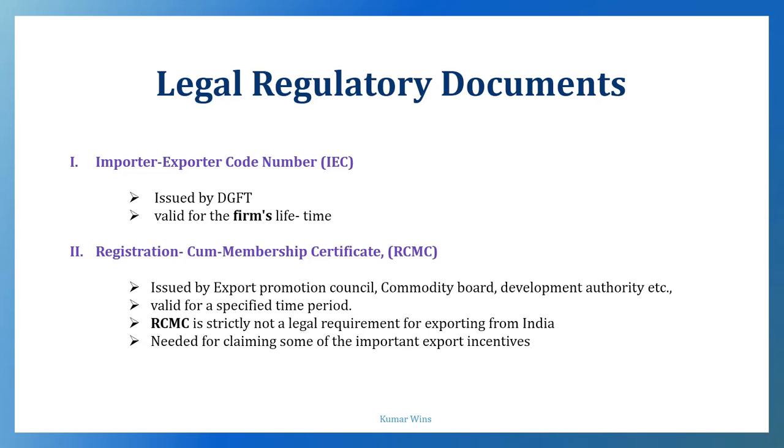If you are claiming export incentives, you need to be a member of some export promotion council or commodity board or development authority, and once you are a member, you will be given a registration cum membership certificate.